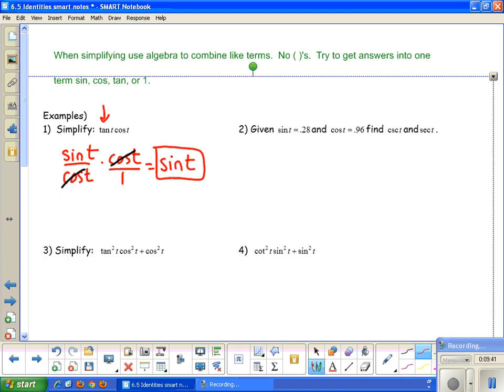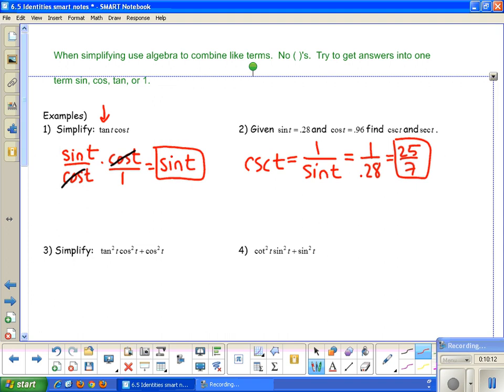For the next one, it says, given sine t equals 0.28 and cosine t equals 0.96, we want to find cosecant and secant. Remember that the cosecant of t is really equal to 1 over the sine of t. So in this case, 1 over 0.28, and of course we don't like to have decimals in our problem, so this would really be 25 over 7.